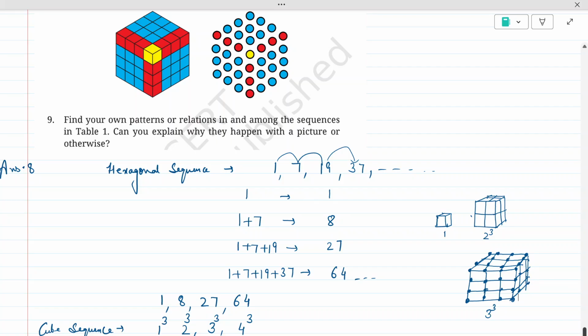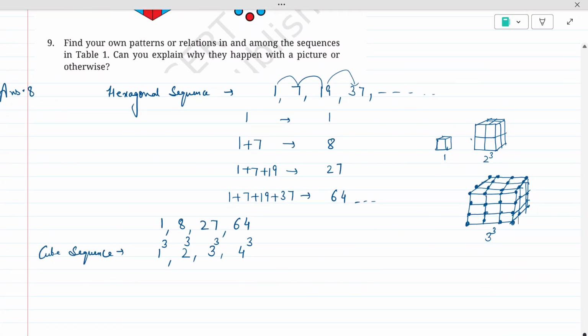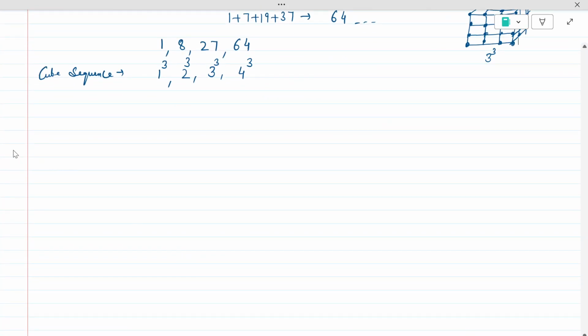Next question is: find your own patterns or relations in and among the sequences in table 1. Can you explain why they happen with a picture or exercise? So kids, let's try to pick one question here. One sequence here.